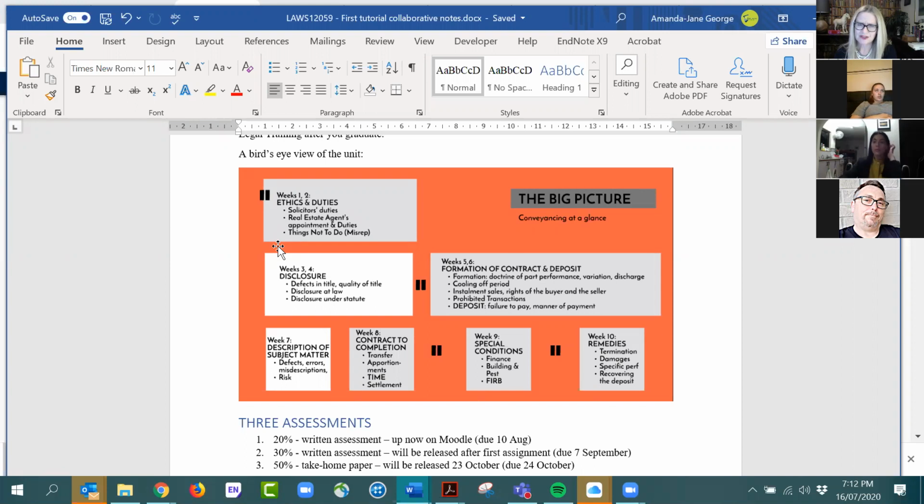There are seismic shifts every now and again, but the thing that dates this text is the legislation, and also the fact that it talks about editions of the REIQ contract that are obviously out of date now.